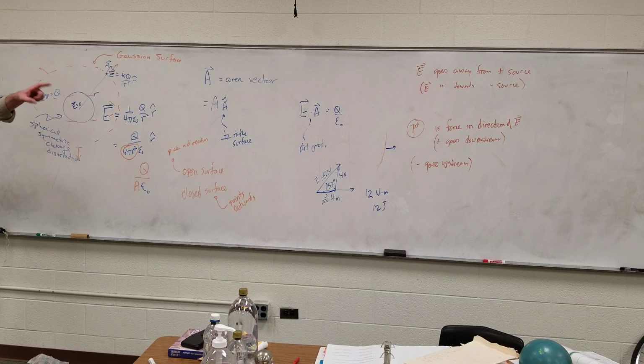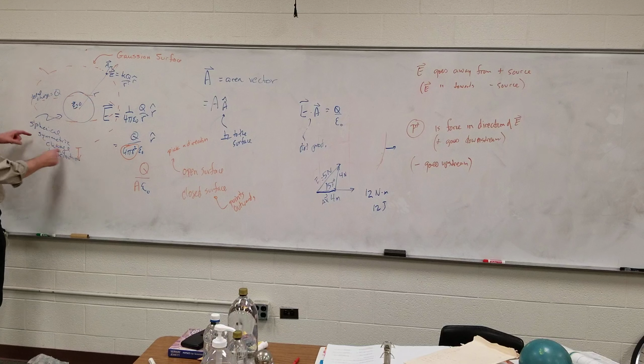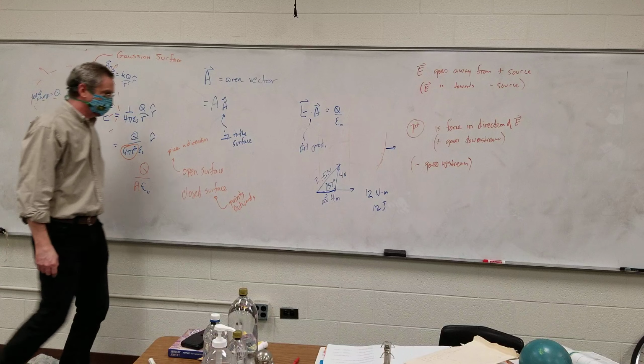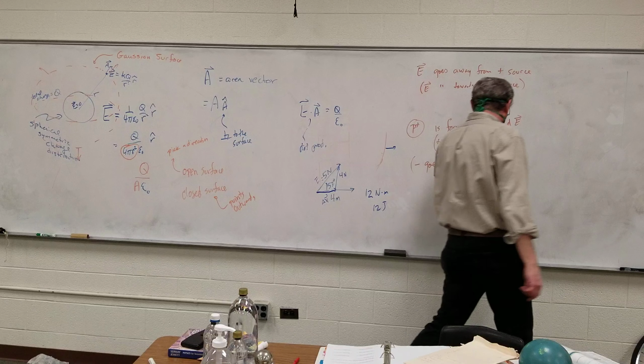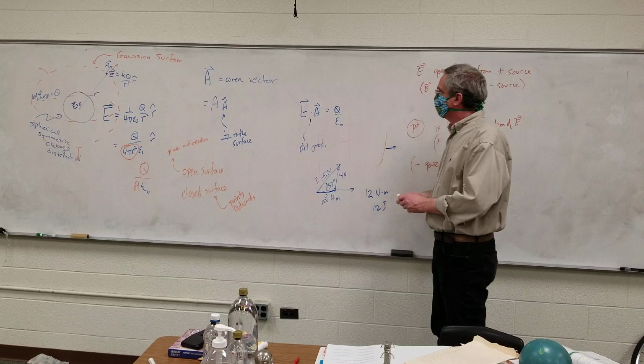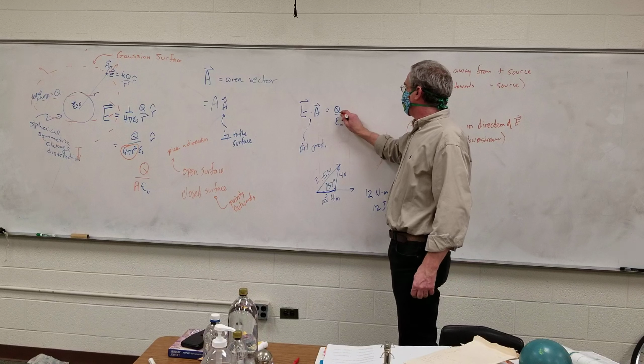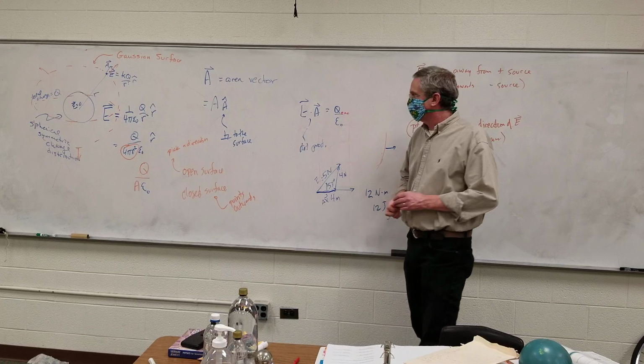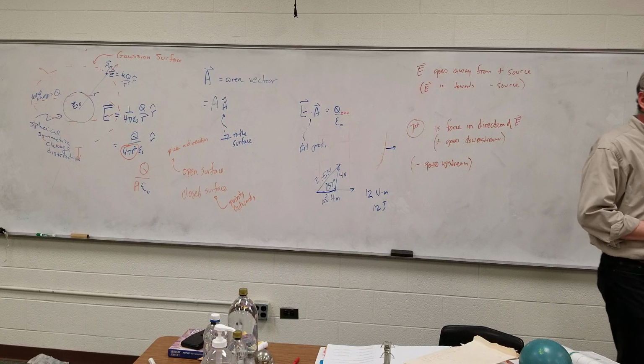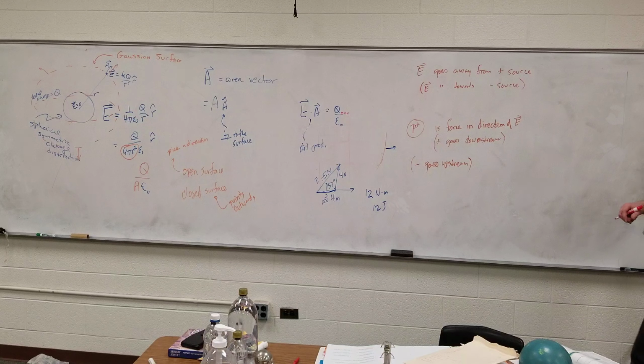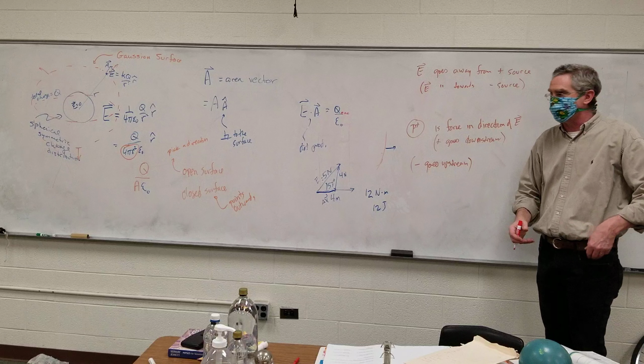Or more importantly, that Q is the charge that is within my Gaussian sphere. So that would be Q enclosed. Sometimes it'll just write Q with subscript enc, for enclosed. It's the charge that's enclosed inside this Gaussian surface.